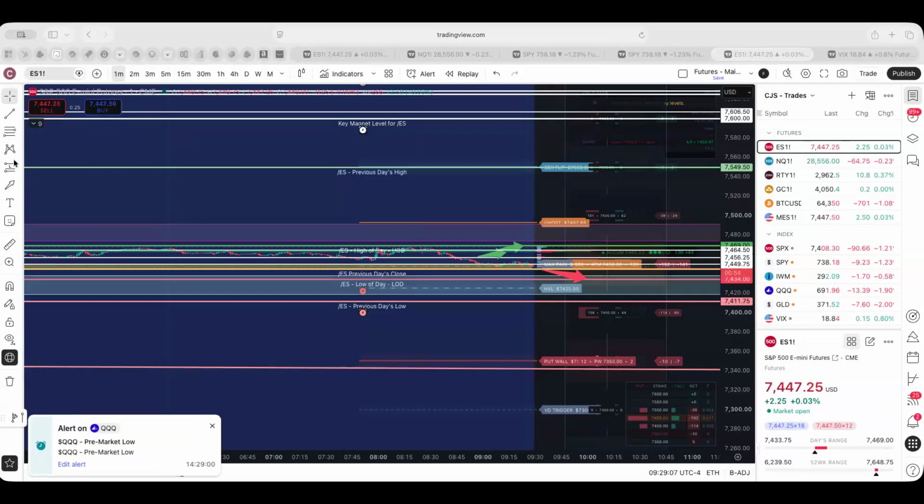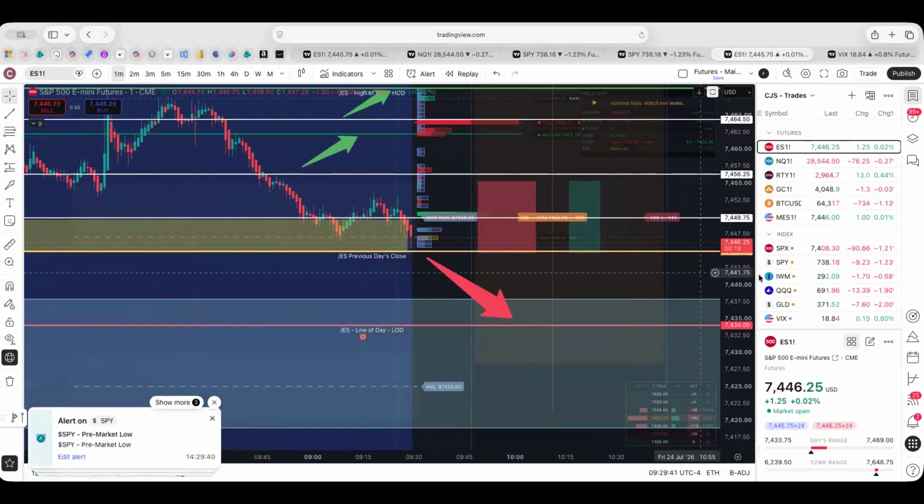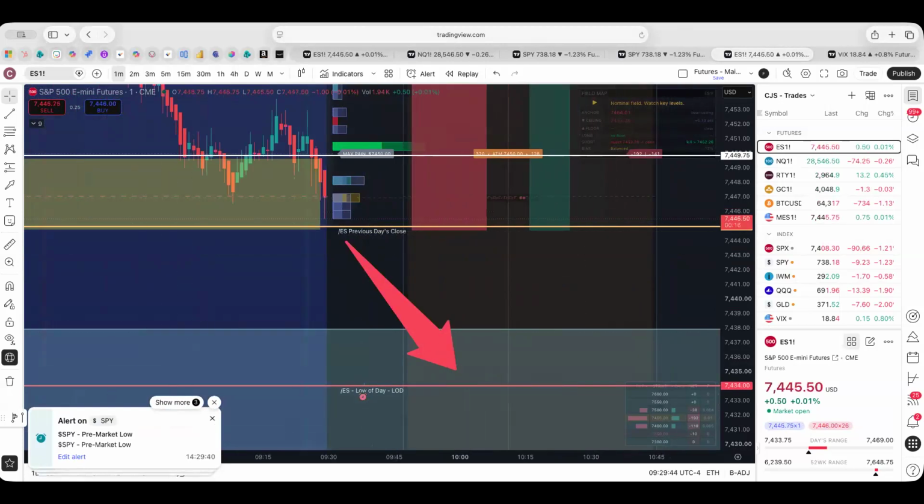I think price wants to take low of day. I'll show you guys. You can see price wants to take low of day. See, we're already at low of day now. Okay.